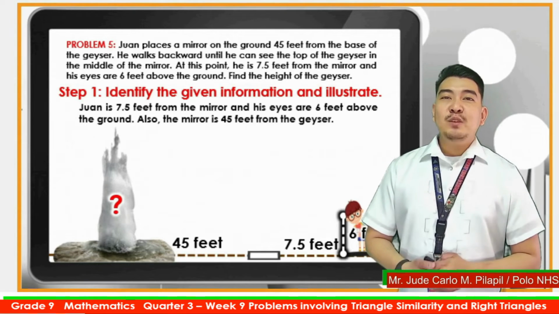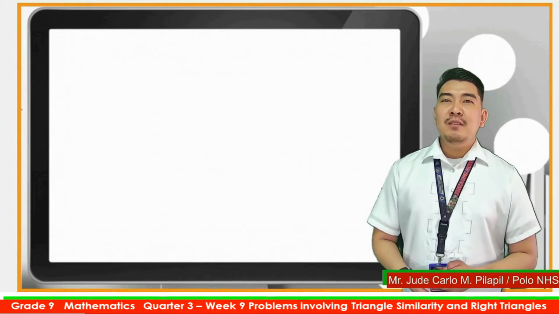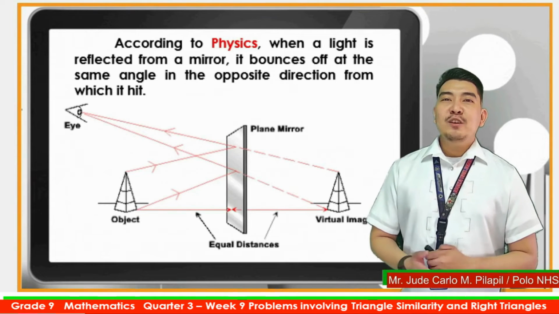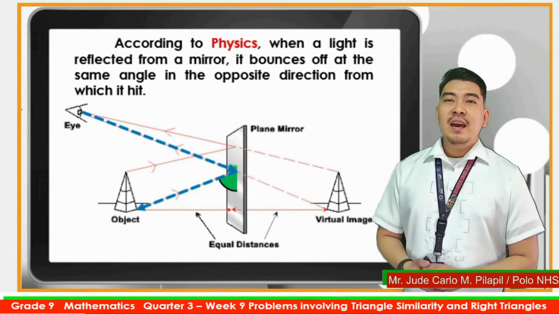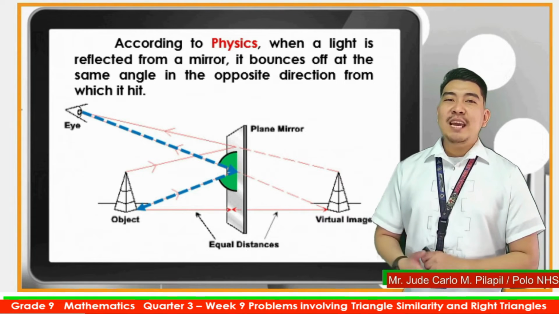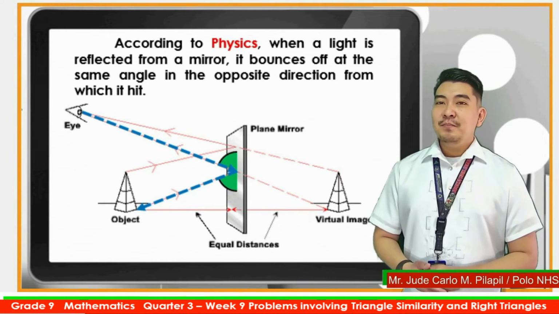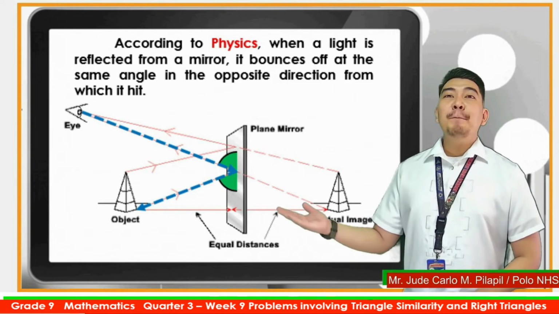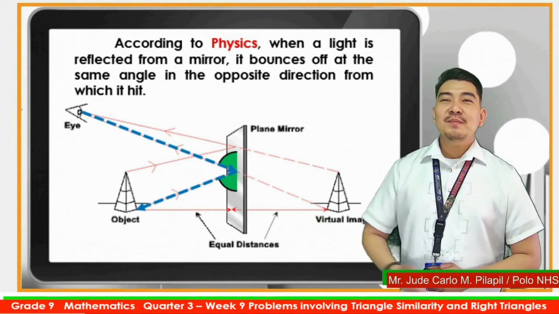Let us have some sort of an overview about the property of a plane mirror. According to physics, when a light is reflected from a mirror, it bounces off at the same angle in the opposite direction from which it hit. Hence, we can form a pair of congruent angles as shown in the figure.